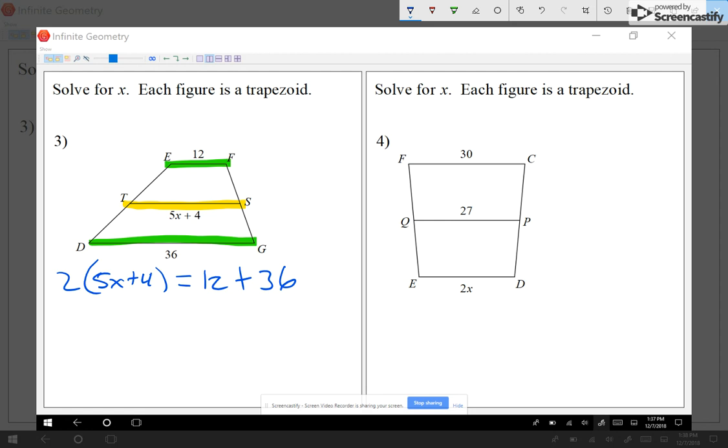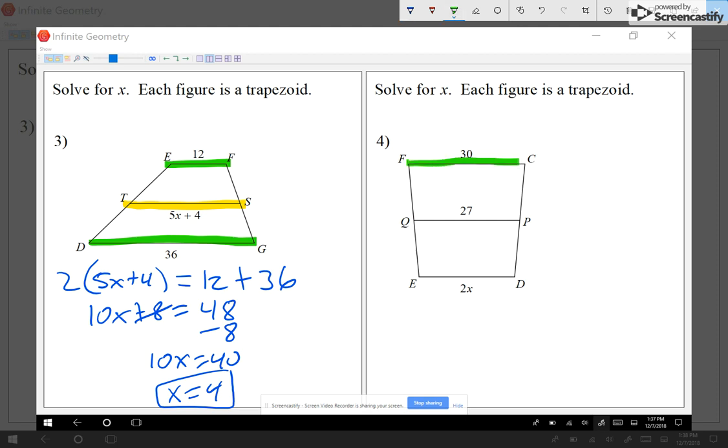The left side, multiply the 2 to the inside, 10x plus 8. On the right side, 12 plus 36. I'm going to simplify that as 48. Let me subtract 8 on both sides. 10x equals 40. So x must be 4. Mid segment times 2 equals the sum of the bases.